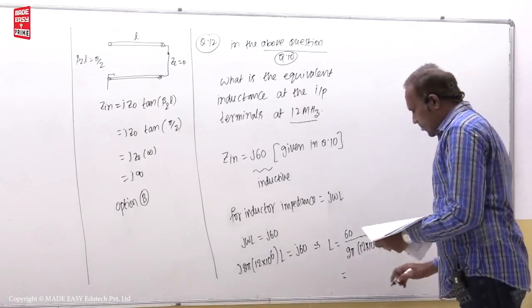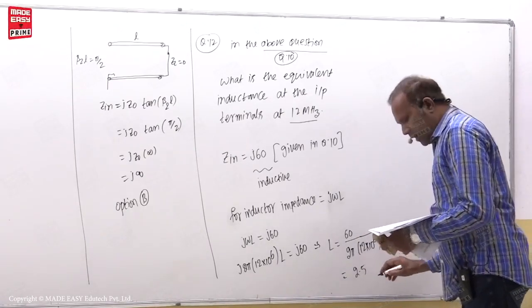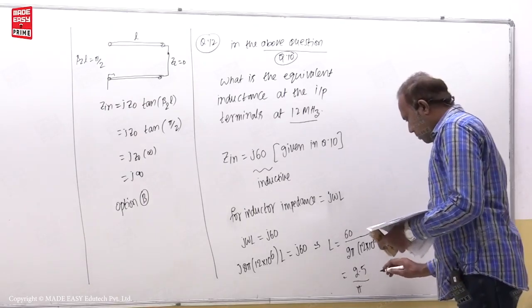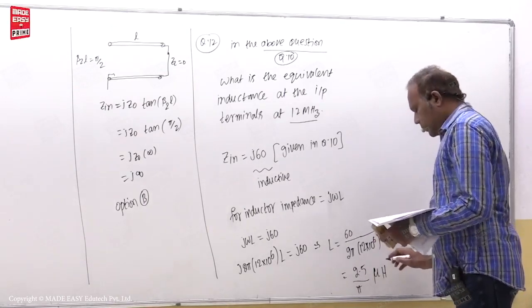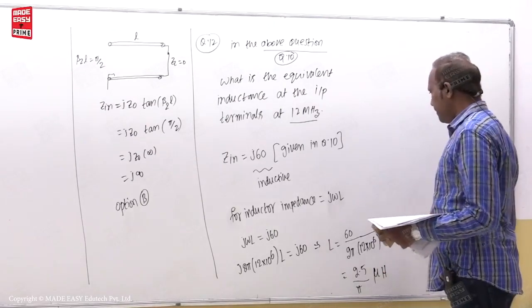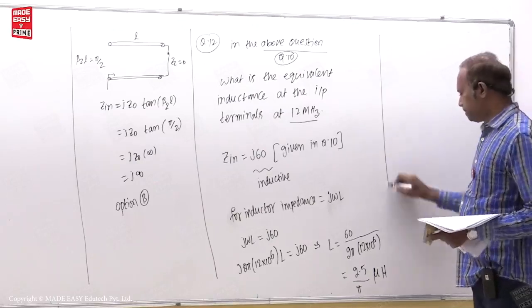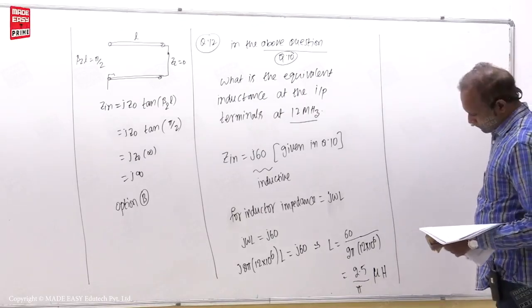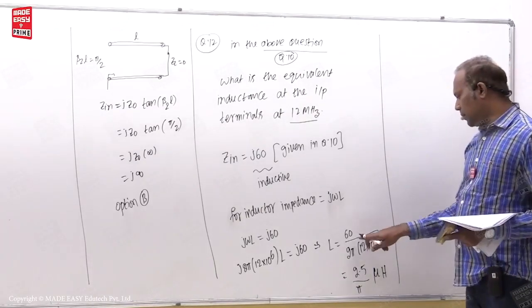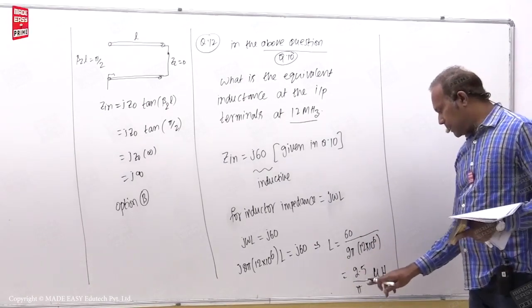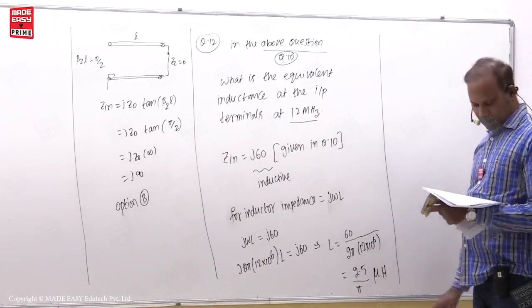This value you get as 2.5 divided by π microhenry. So this is the answer, option A. 60 divided by 12 is 5, by 2 is 2.5, then π is there, 10 to the power minus 6.